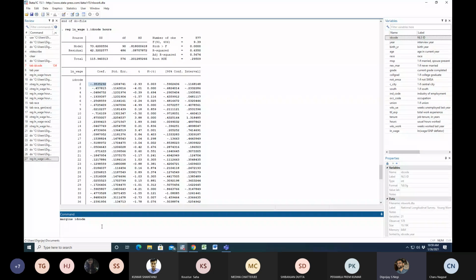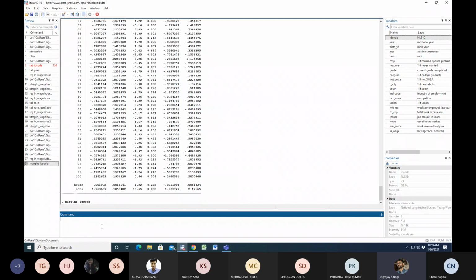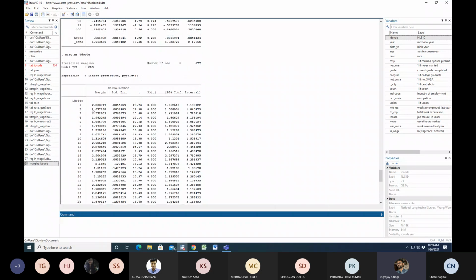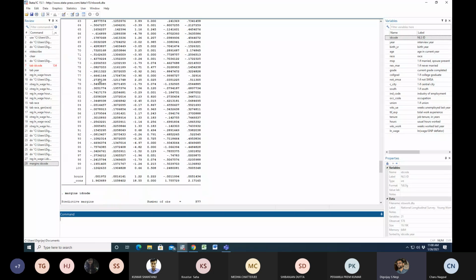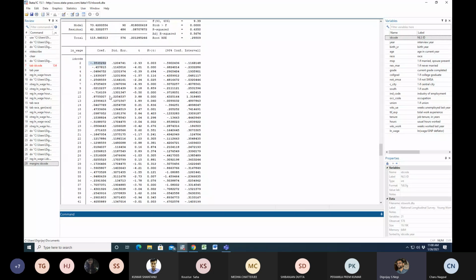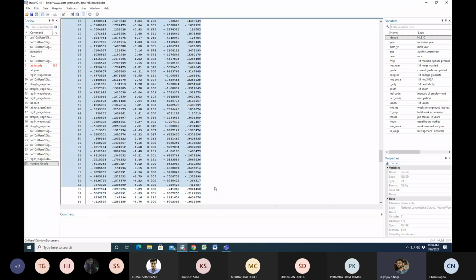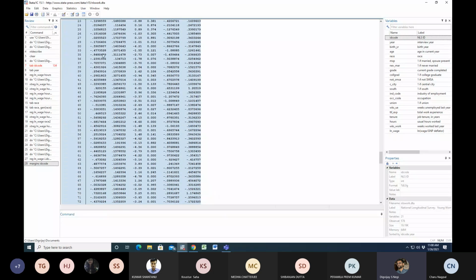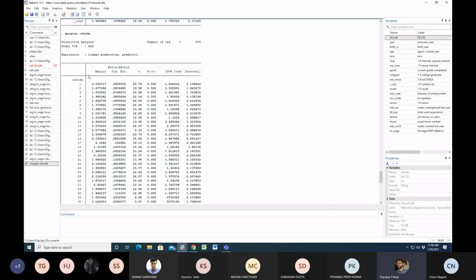Margins tells Stata to calculate the marginal effects, or the actual coefficients, of that covariate. So if I do margins ID code, here are now all those individual coefficients starting from 1, 2, 3, 4. Before, these coefficients were differences from the base omitted category. Here now these are in level form.